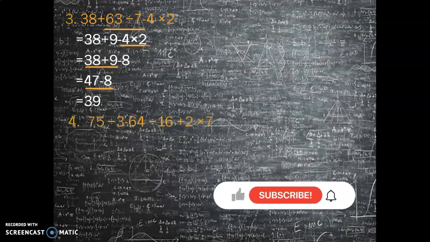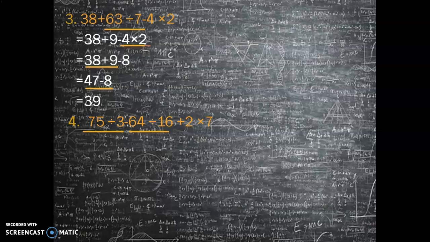Now see the next example. 75 divided by 3 minus 64 divided by 16 plus 2 into 7. This sum contains two division parts, that is 75 divided by 3 and 64 divided by 16. We will solve both the division parts at a time.